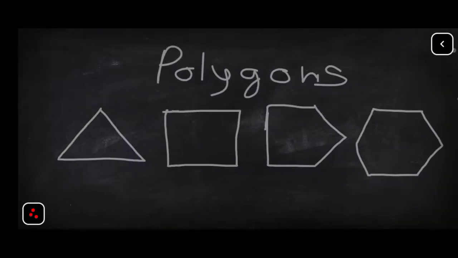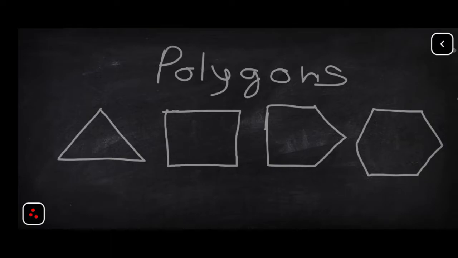There are various types of polygons. For example, we have already seen triangles, quadrilaterals, pentagons, hexagons, etc. So understand this in the simplest way.